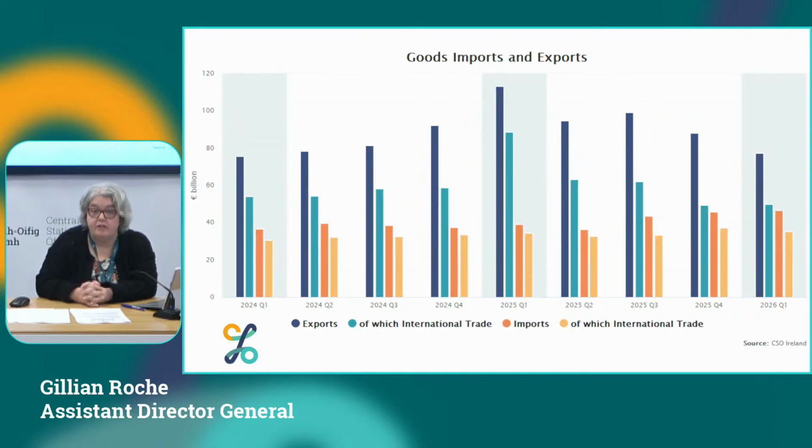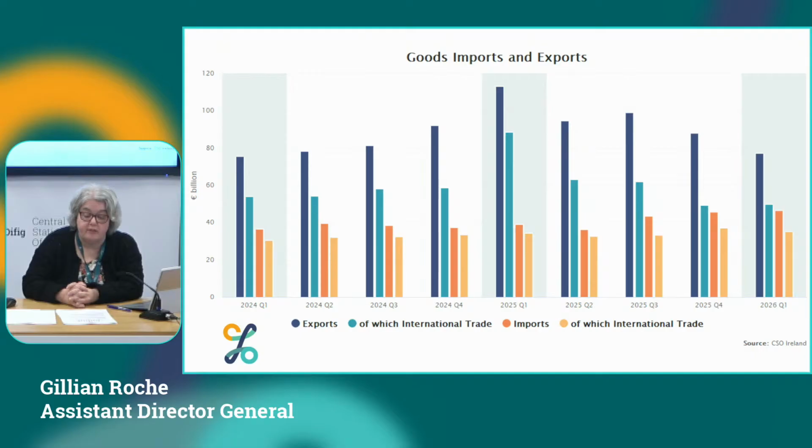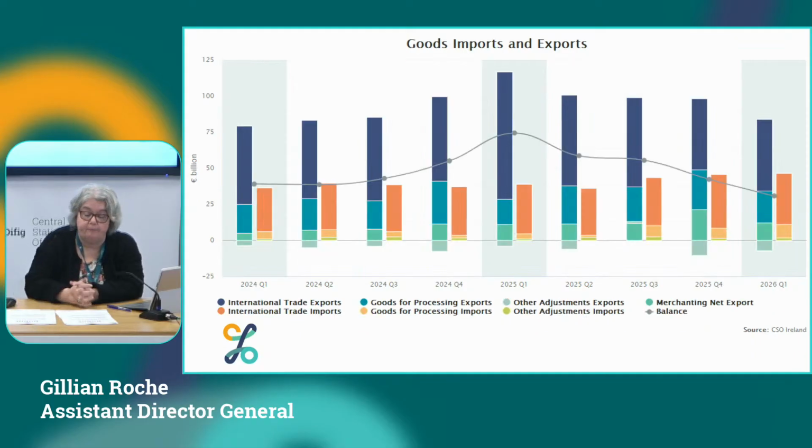So looking then in more detail at the goods imports and exports, we see the components of that decline in exports, and we have a combination of both decreased exports and increased imports, and the two of them taken together give us that decline in the net merchandise balance.